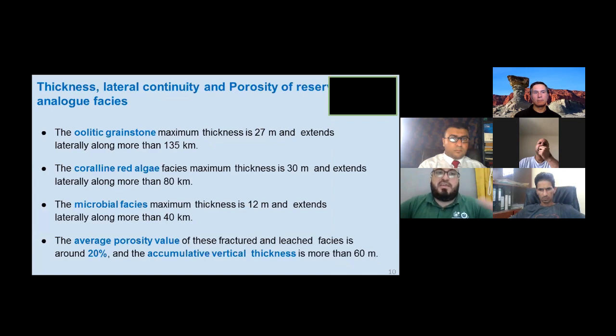Also, the coralline red algae, maximum thickness 30 meters, extends laterally more than 80 kilometers. So we have good lateral extension. The microbial facies also, and the average porosity of these fractured and leached facies is around 20%, and the accumulative vertical thickness is more than 60 meters.